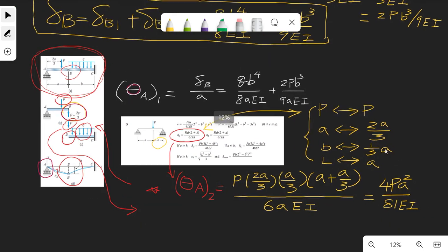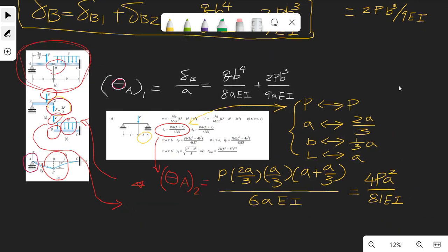Okay, so finally, the theta A is just a combination of two partitions. So theta A is equal to theta A partition 1 plus theta A partition 2. This is the superposition theory.